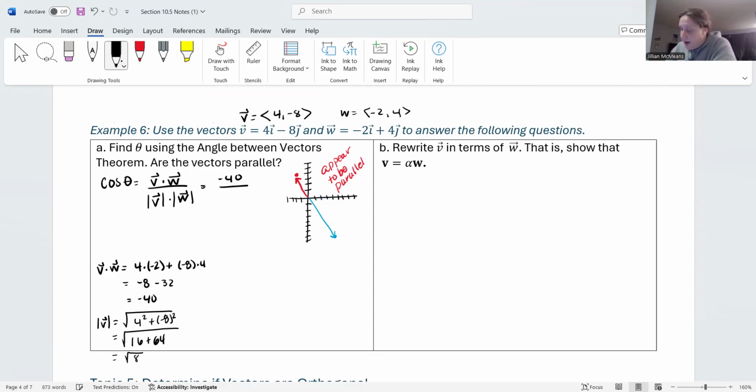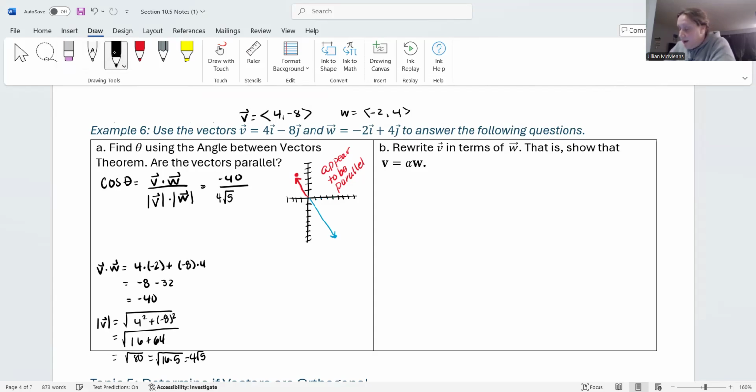So we get the square root of 80, which we can clean up a little bit. 80 is 16 times 5. So this would equal the square root of 16 times 5, which would just be 4 square root 5. Okay? So I get 4 square root 5 for the magnitude of v.